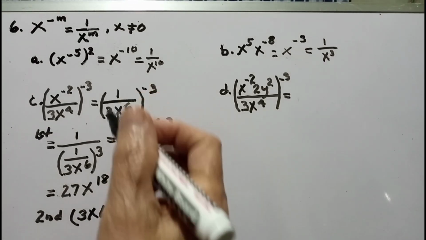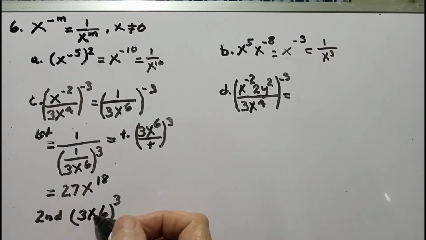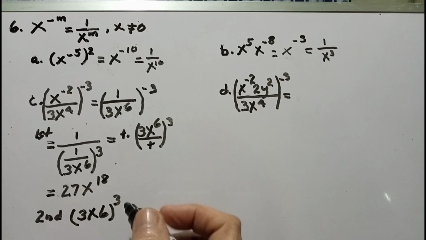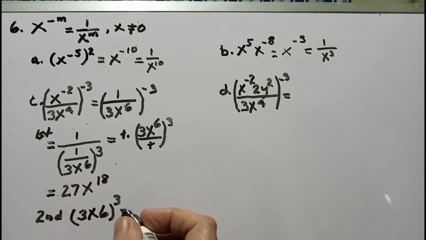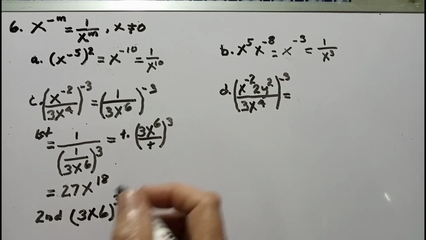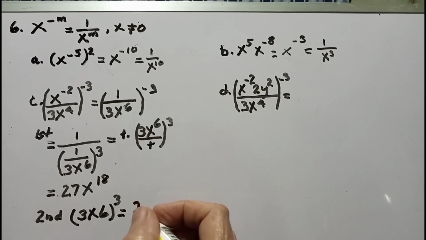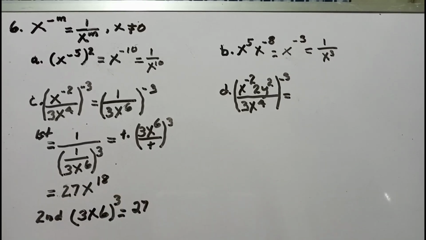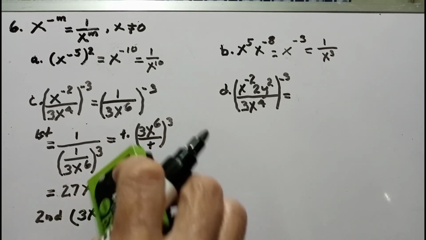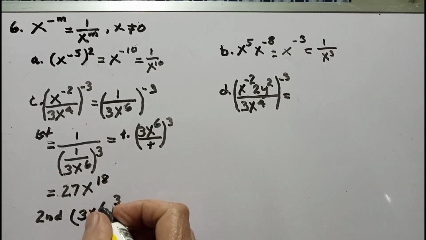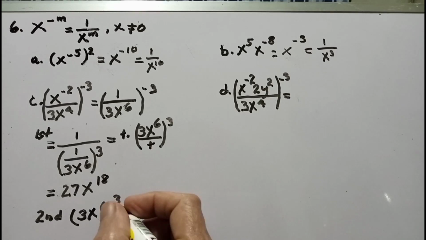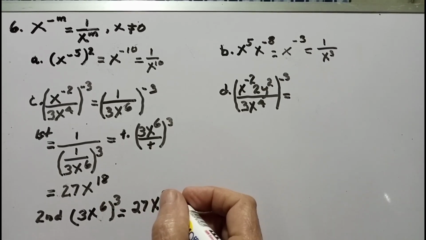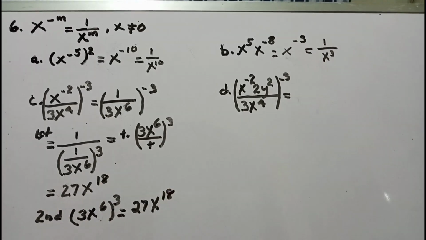And we will not write the 1 anymore, because if you divide this with 1, it's still this number. So the answer is now 3 times 3 times 3 is 27. Then x to the 6 times 3 is x to the 18.